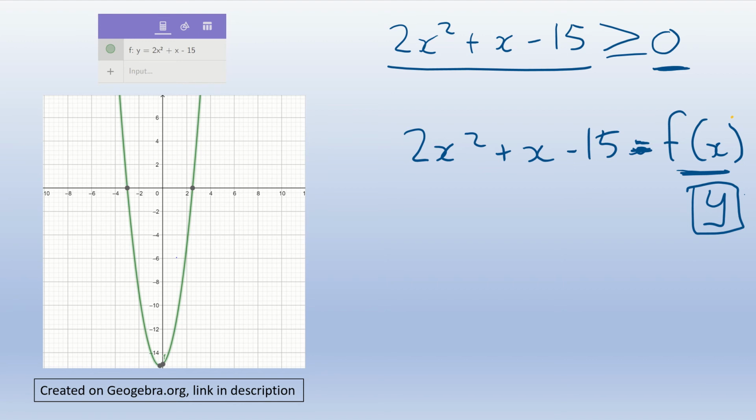So this 0 up here, in my original question, relates to the y-axis. Like when y is equal to 0. Now when y is equal to 0, that's a very special part of this graph. It's actually the x-axis.